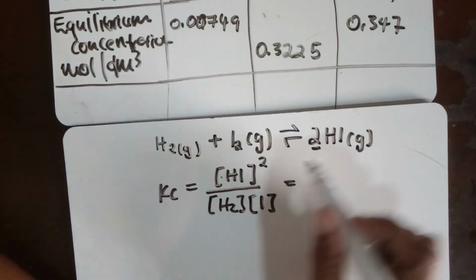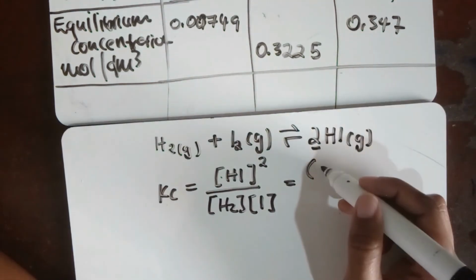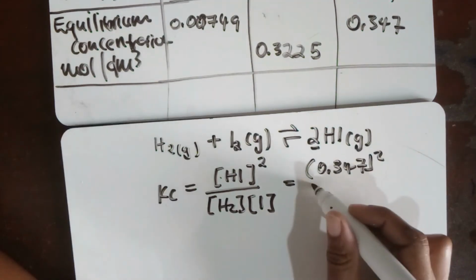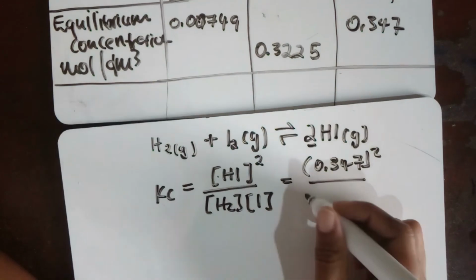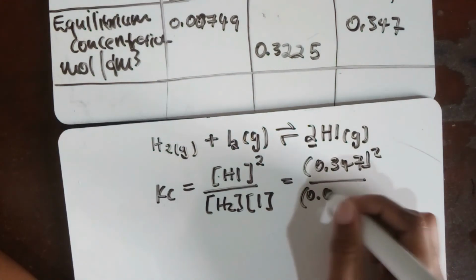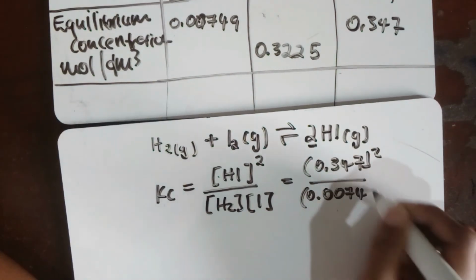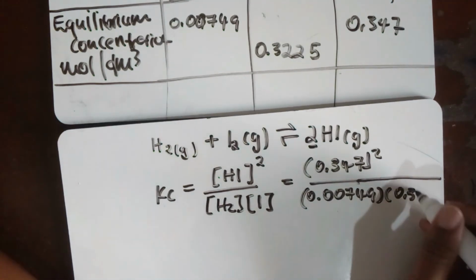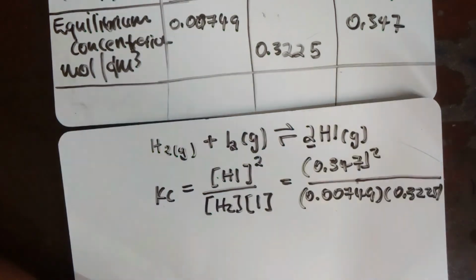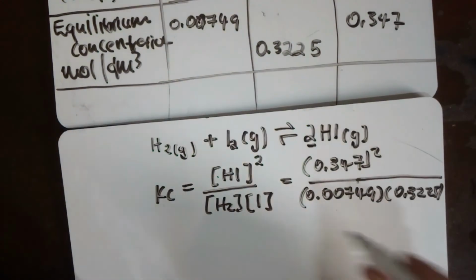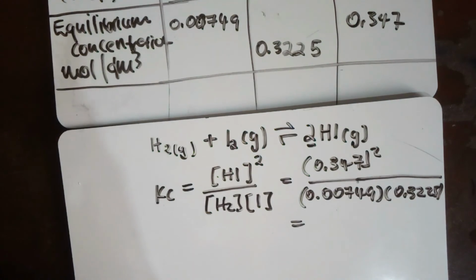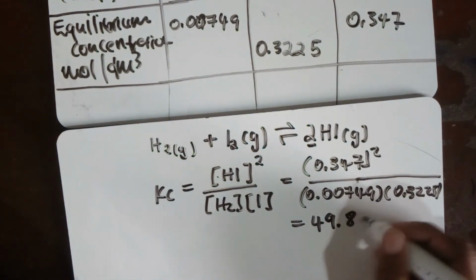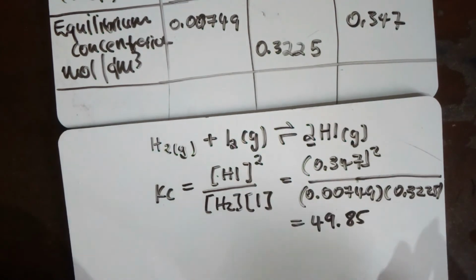We have the concentration there, we found it to be 0.347, all of it squared, divided by 0.00749 multiplied by 0.3225. So it's just a matter of putting this in your calculator. And if you do that, you're going to find your value to be 49.85. It doesn't have any units, right?